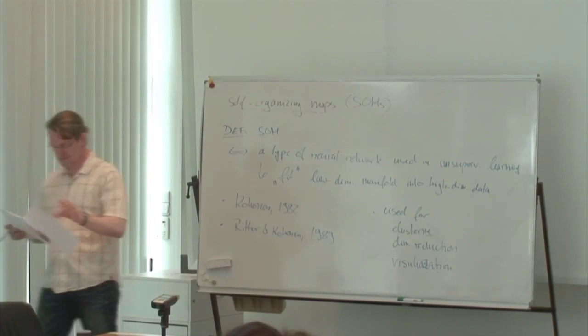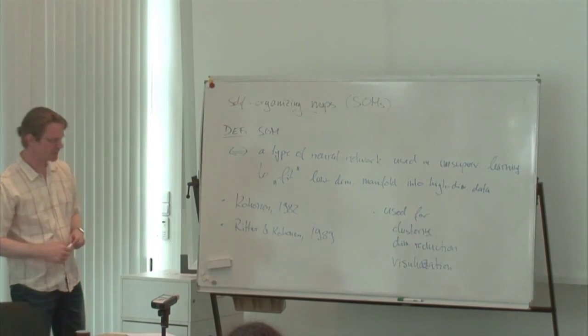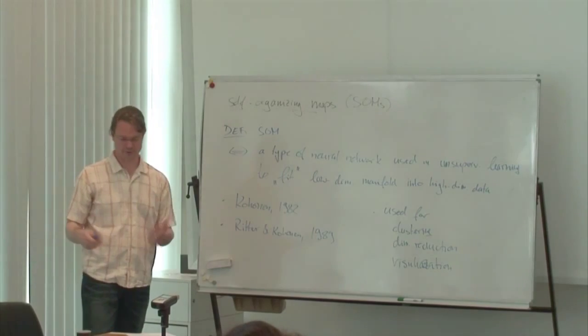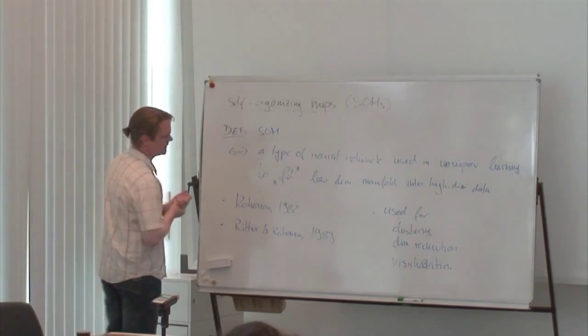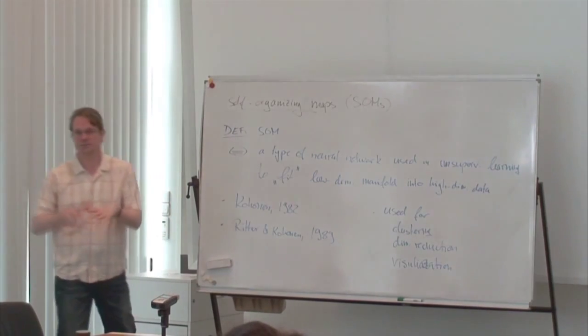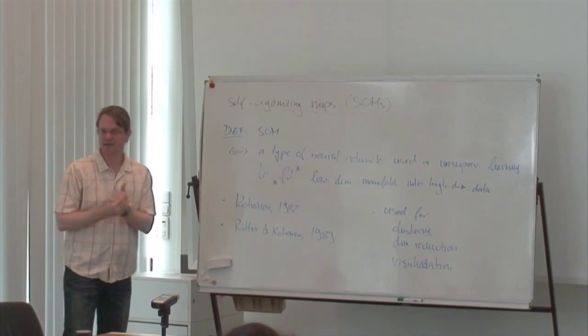Okay, and usually this is introduced in the context of neural learning, which is a bit of a problem for us today because we have not talked about neural mechanisms for machine learning, but we don't have to.